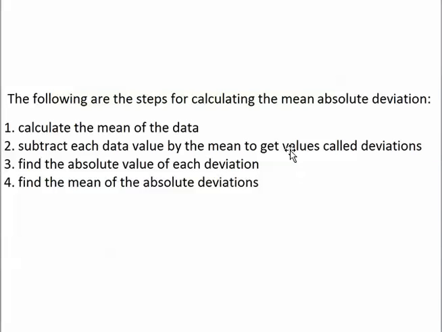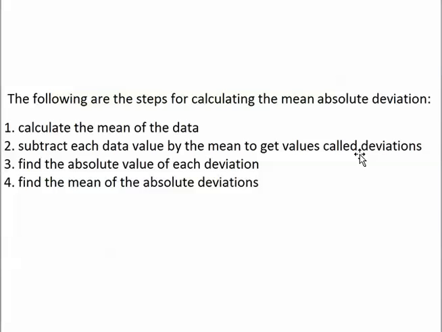What that means is that a deviation can come out to a negative number or a positive number. For example, if the data set has a mean of 60 and a certain value in the data set is 56, if you subtract 60 from 56, you get a deviation of -4. So any data value that's below the mean will have a negative deviation.